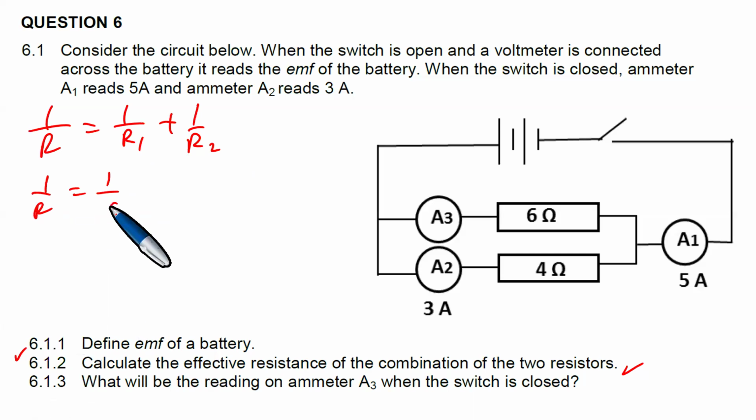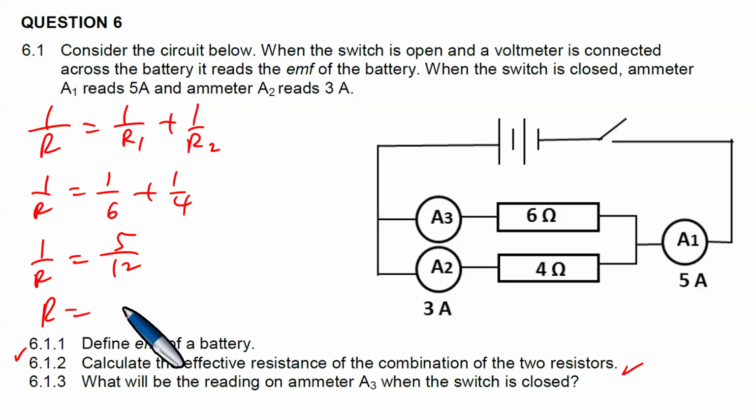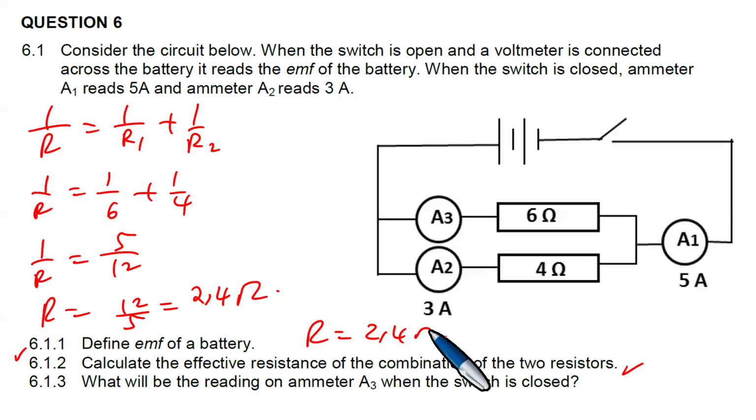So 1 over R is 5 out of 12, and R is 12 out of 5, which is 2.4 ohms. So the effective resistance is 2.4 ohms.